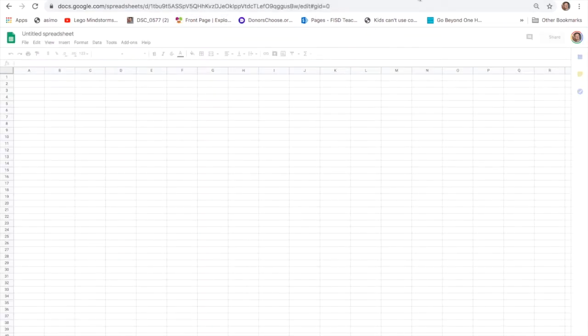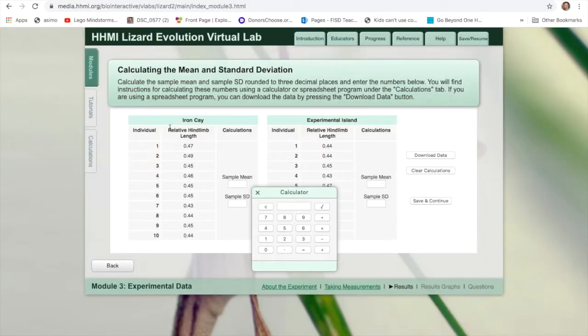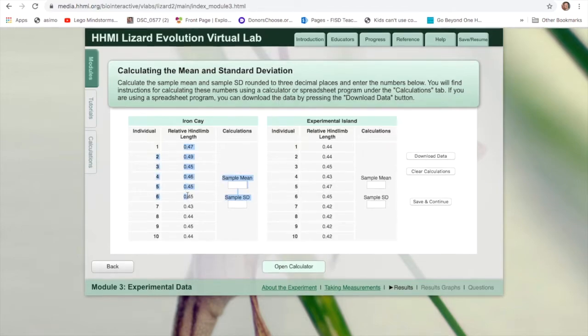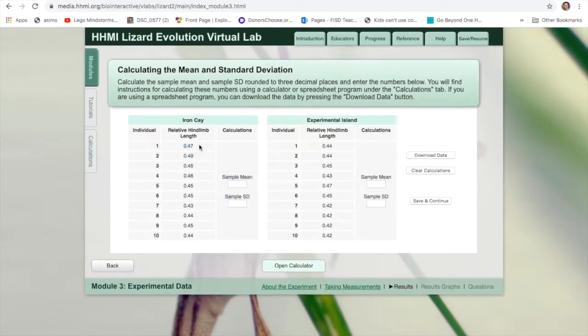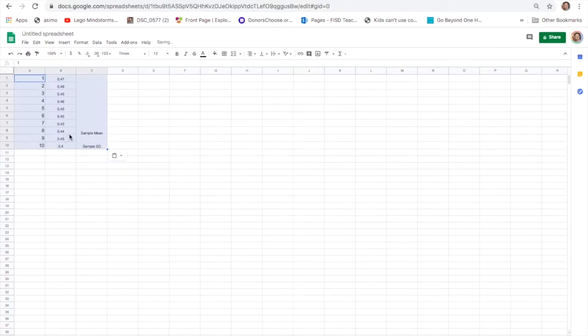And now we're going to manipulate the data. I should be able to copy this. Command C, Command V, yes. Okay, that I don't need.